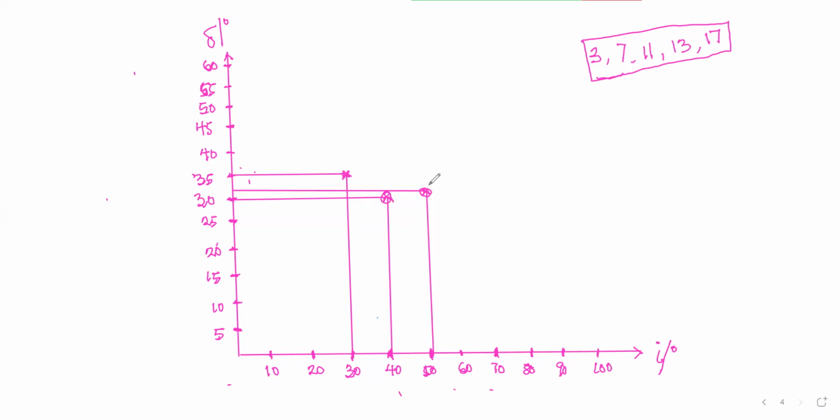Then 37 against 60. 37 is somewhere here. Then 45 going with 70.